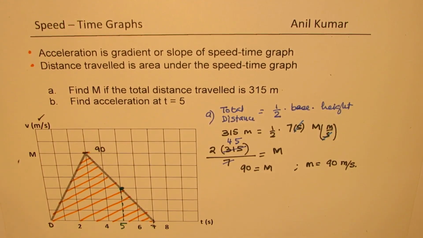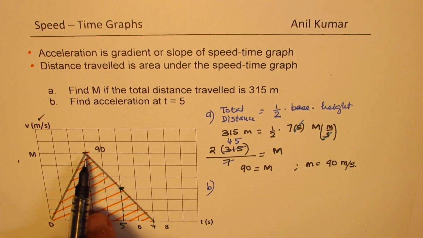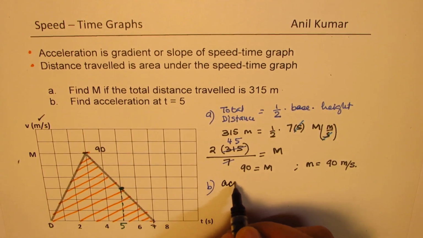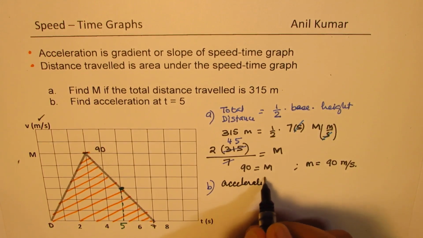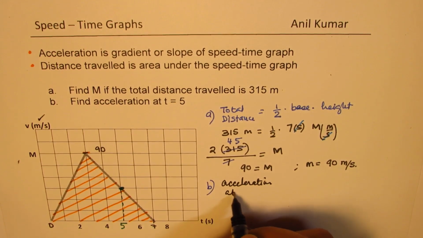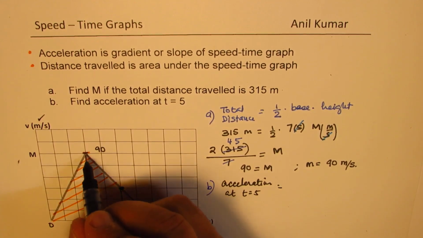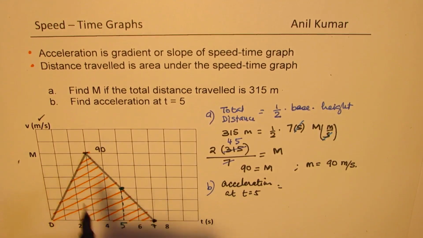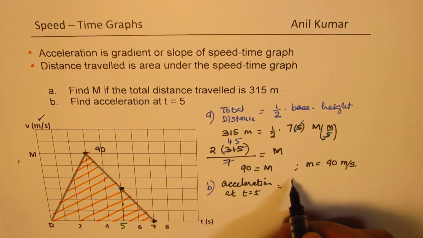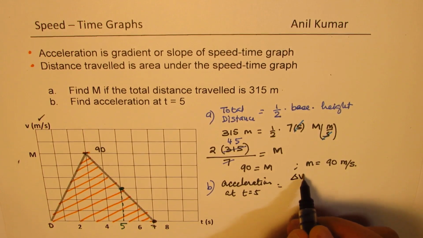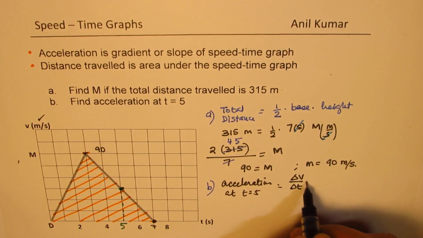That is part B. Acceleration at this point will be the rate of change, right? So at this point, what will the rate of change be? At t equals 5, we can consider these 2 points. If we consider these 2 points, then the change in the y value is the rate of change of velocity over the rate of change of time.